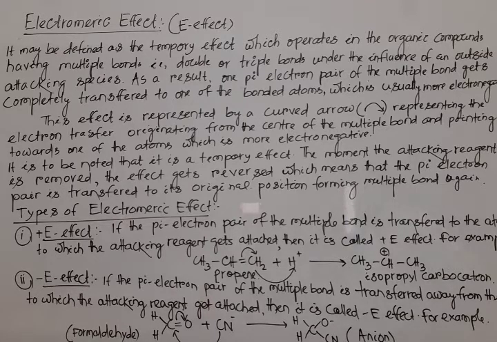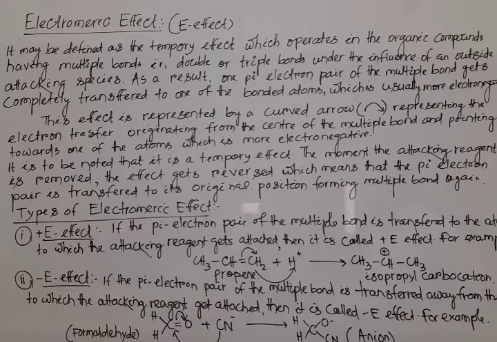Next, types of electromeric effect. Note down, like inductive effect and also resonance effect, it is of two types. That is a plus E effect and a minus E effect. Note down the point one. First, plus E effect. What is a plus E effect?